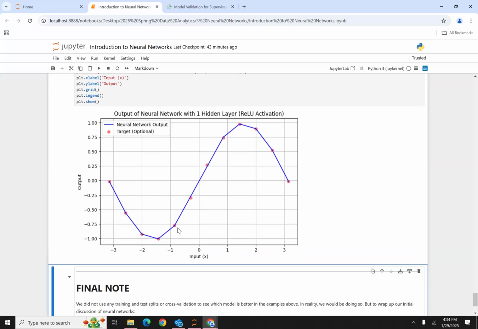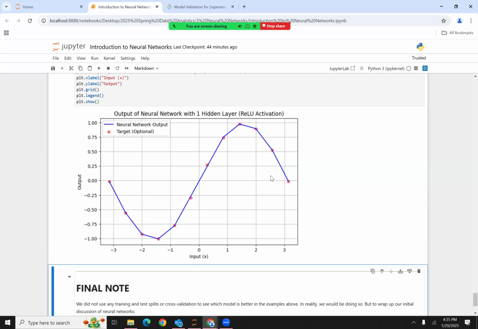I'm just saying that we're getting a better match. We still need to do our training and testing to see if this is actually a good model or not, or if it's overfitting our data set. But the point I'm trying to make over here is that overall, a neural network with 10 hidden neurons has captured lots of the nonlinearity embedded in our target variable.